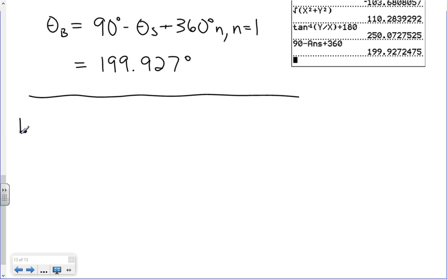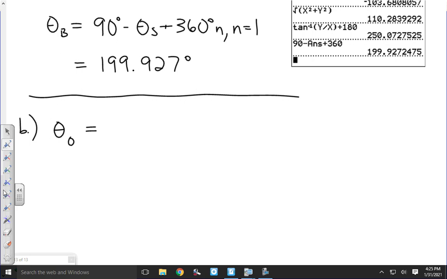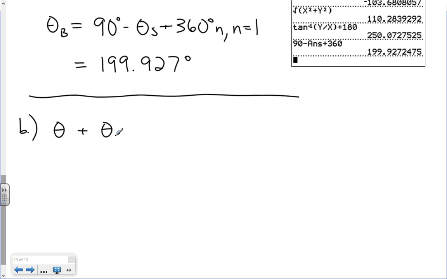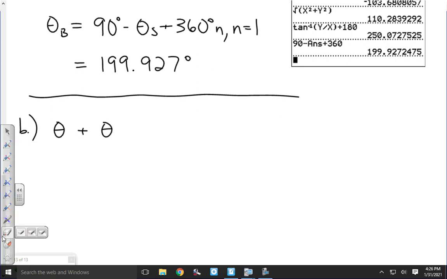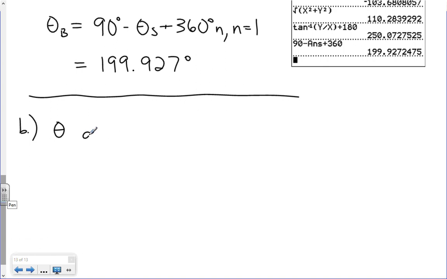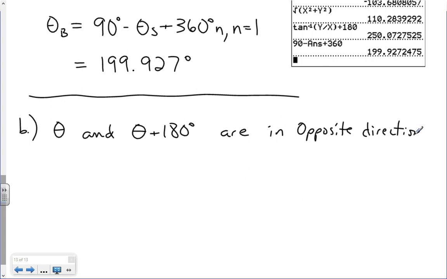So for part B, if you have two vectors that are in opposite directions, then it turns out that theta and theta plus 180 degrees are in opposite directions. So adding 180 onto your vector gets you in the opposite direction.